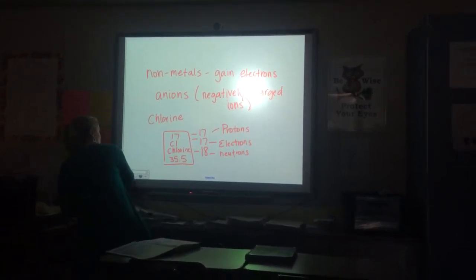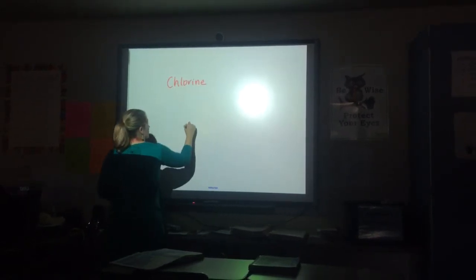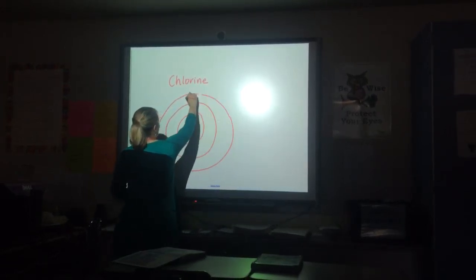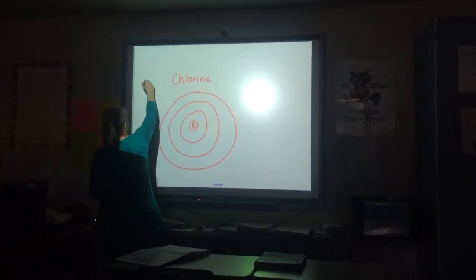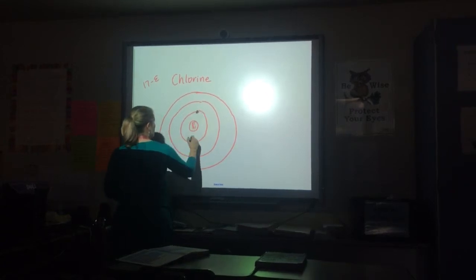Now, drawing the Lewis dot structure for chlorine. Okay, and this one's going to have several. Okay, so your protons and your neutrons are in here. And it's got 17 electrons. So we're going to say 1, 2.